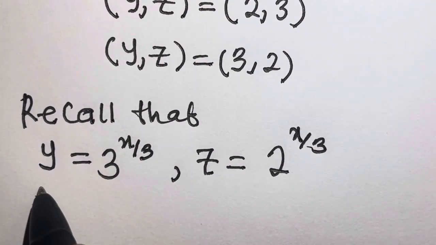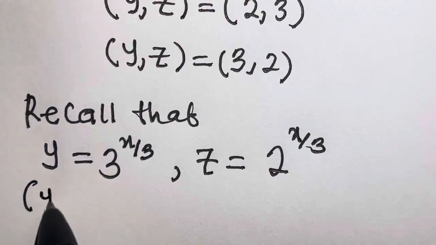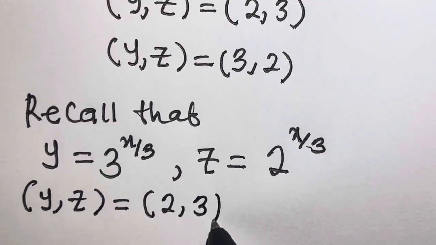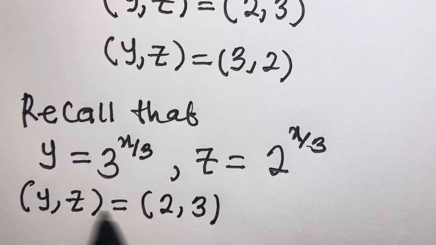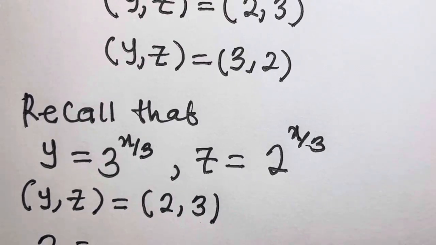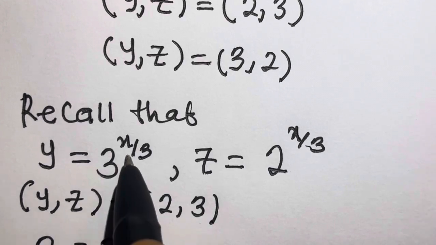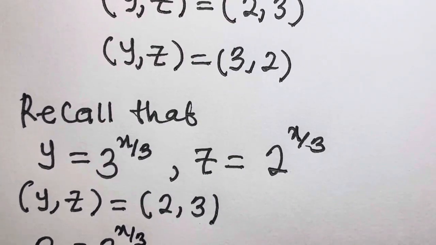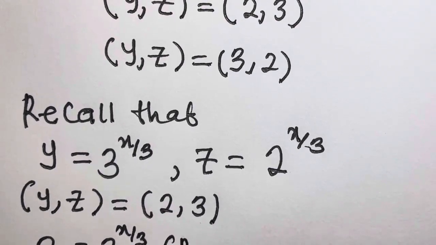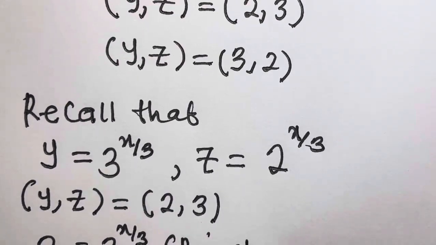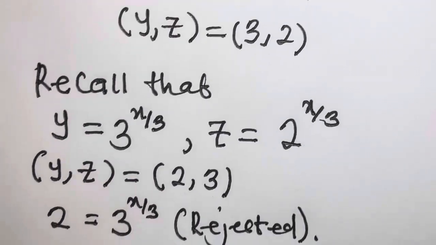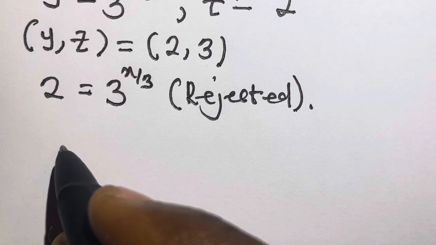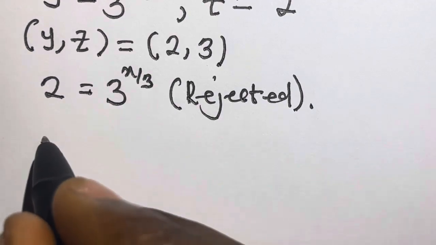So for our pair y comma z equals 2 comma 3, we have y equals 2 and we have 3 equals 2 raised to power x divided by 3. What's our x? You see that there's no way, we have to reject this because this equation is impossible, so rejected.